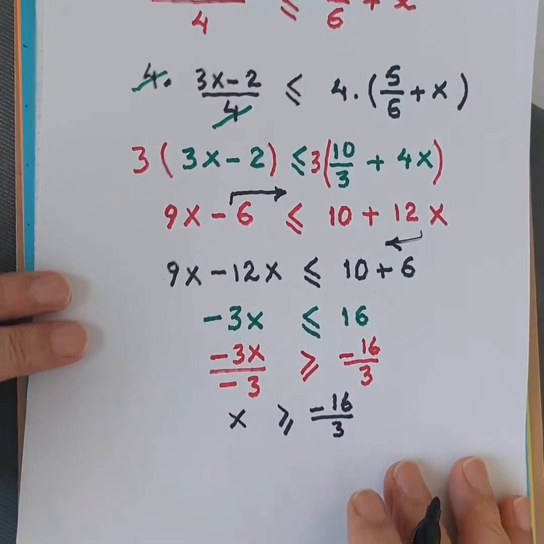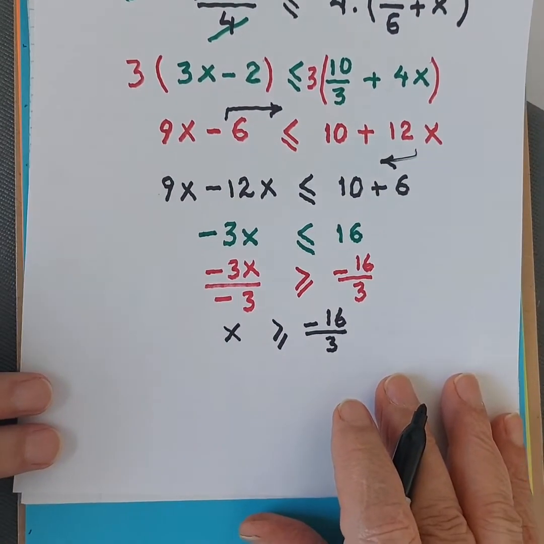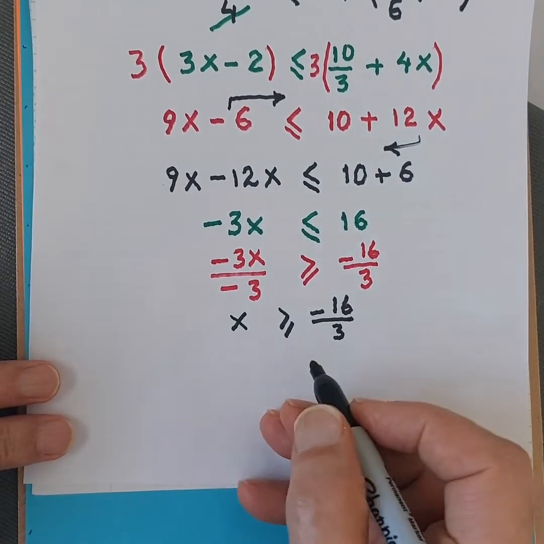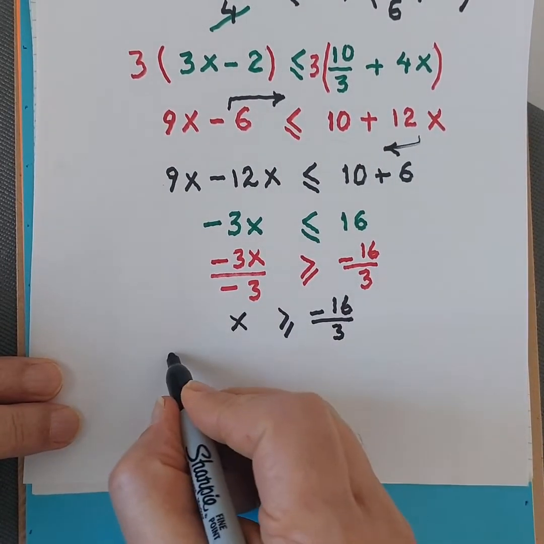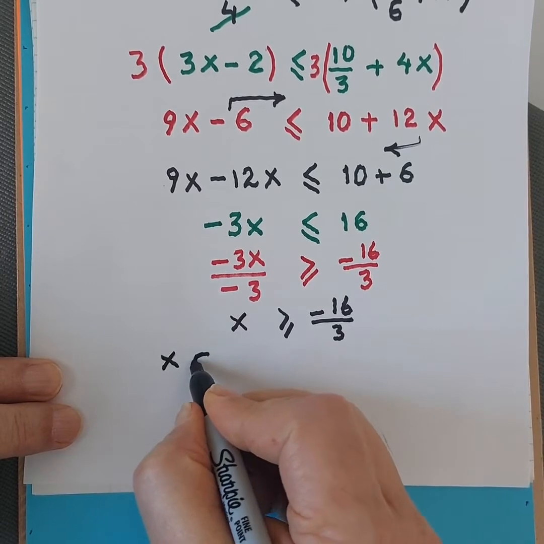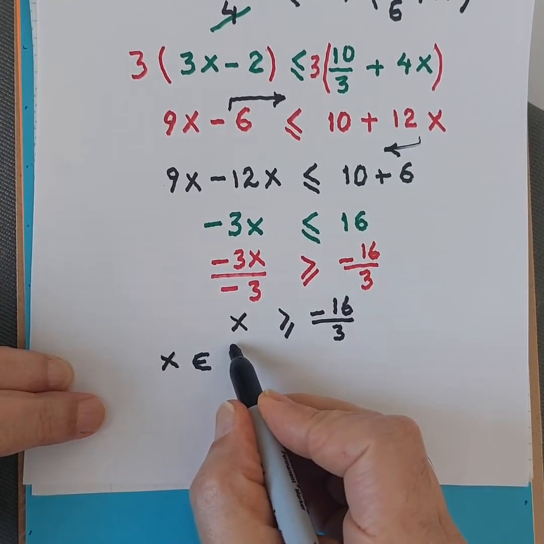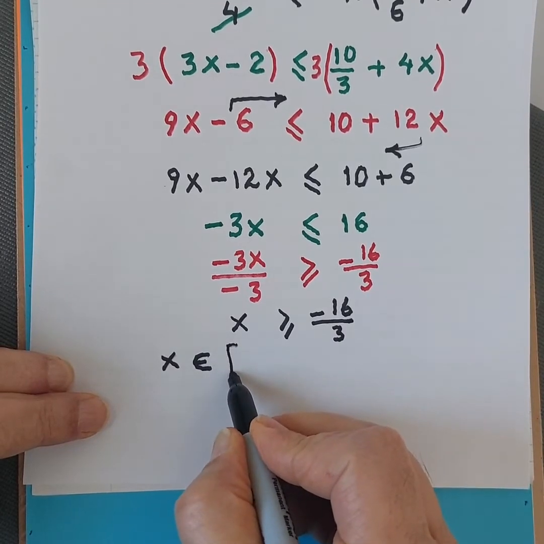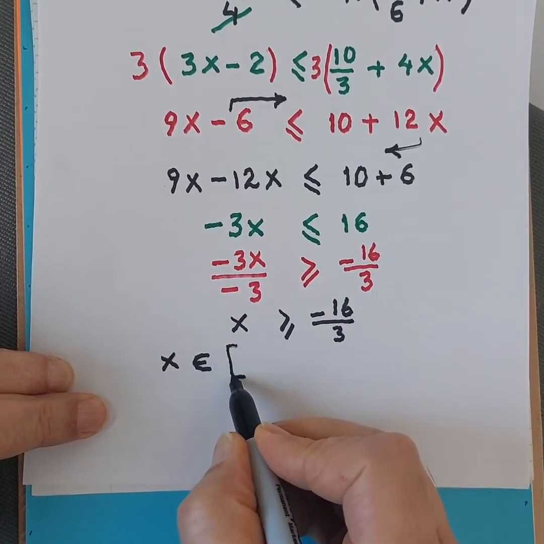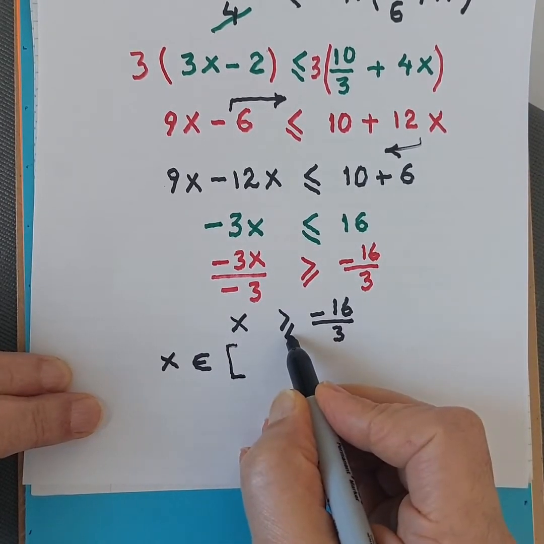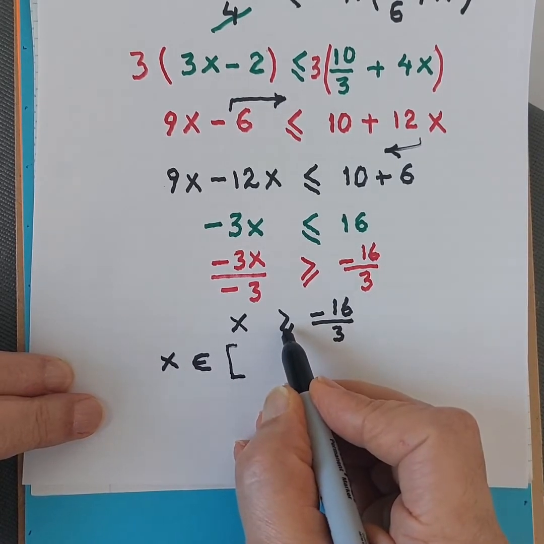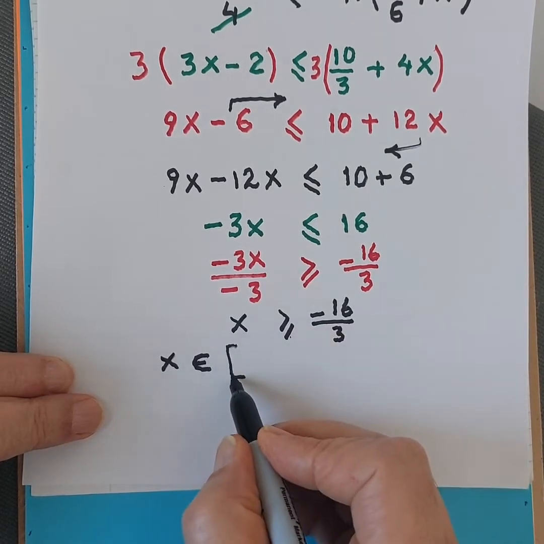Also, we will represent this in terms of interval. We can say x belongs to an interval which is closed. I make it closed here because the sign of equal exists with the sign of greater than here. So it is closed here.